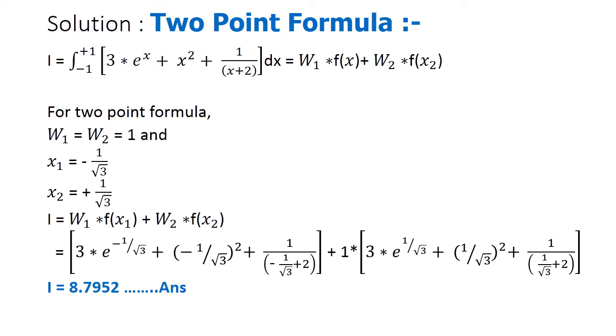Now for the 1 point formula, this equation was expressed as integral is equal to w into f of x, but when we consider it for the 2 point formula, the same equation can be represented as integral is equal to w1 into f of x1 plus w2 into f of x2.